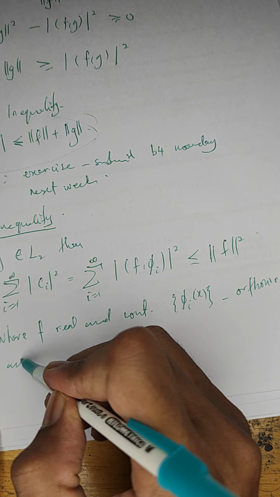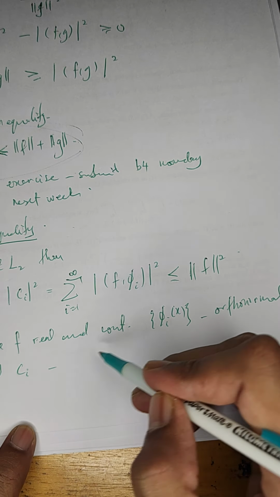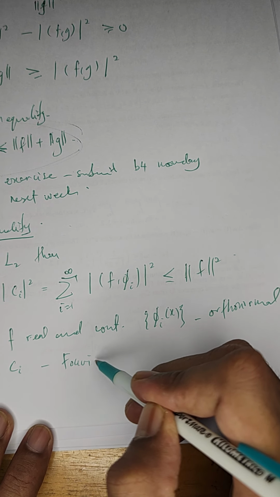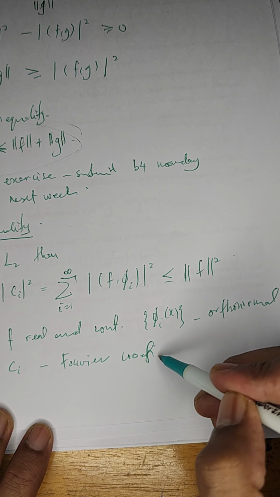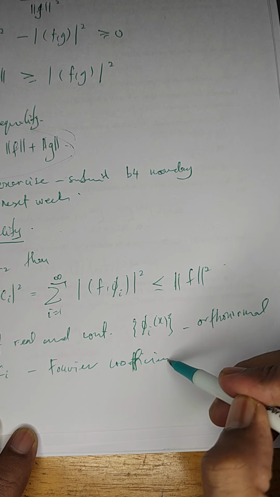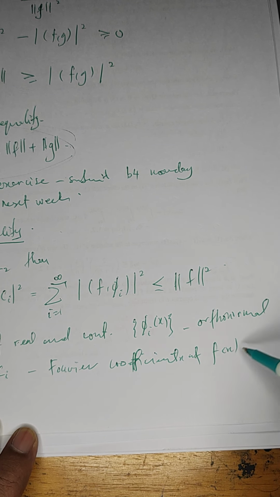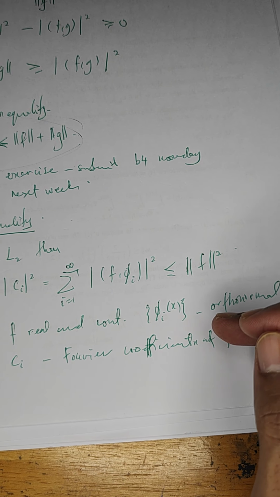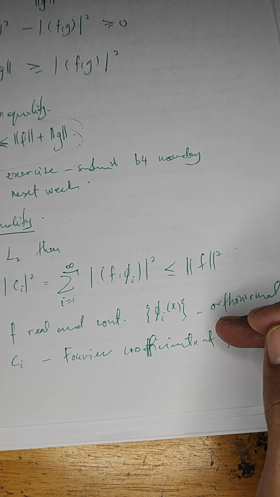And c_i is the Fourier coefficient of f(x) with respect to that system.